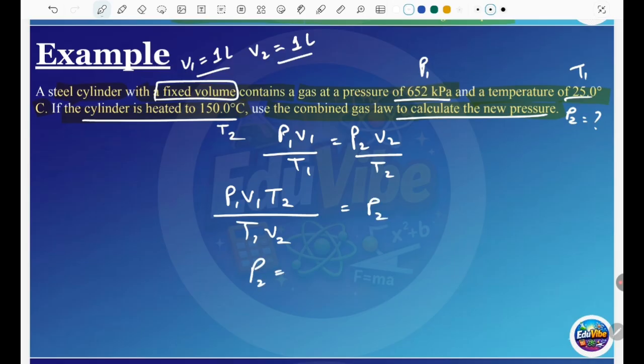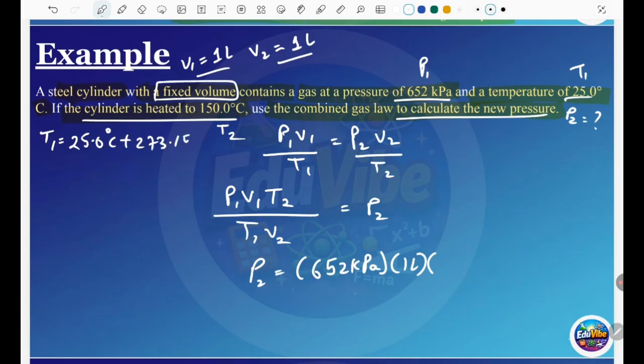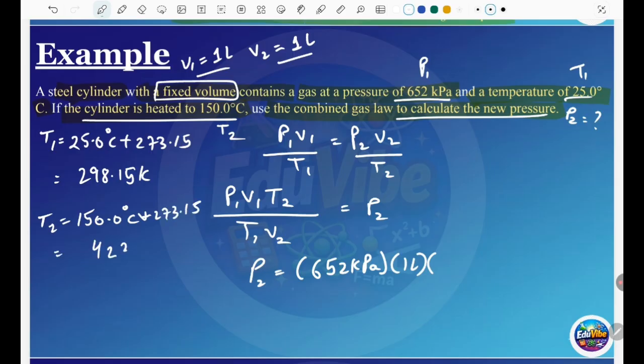So P1 is 652 kPa, V1 is 1 liter, and the temperature has to be in Kelvin. T1 is 25.0 degrees Celsius plus 273.15, which gives about 298.15 Kelvin. T2 is 150.0 degrees Celsius plus 273.15, which gives about 423.14 Kelvin.